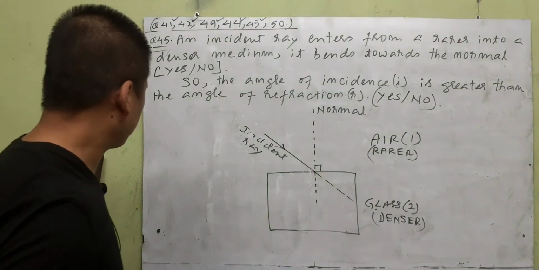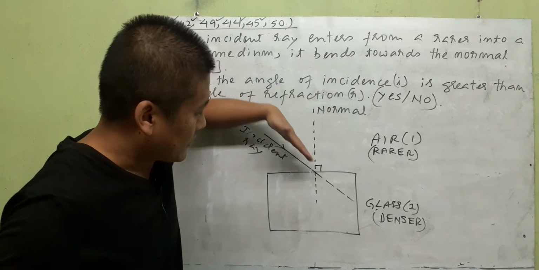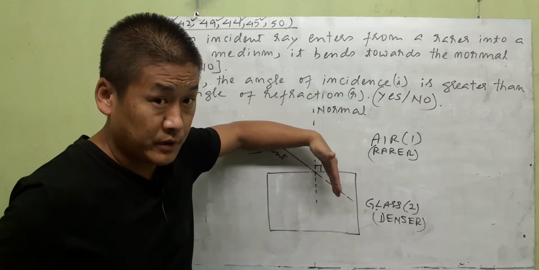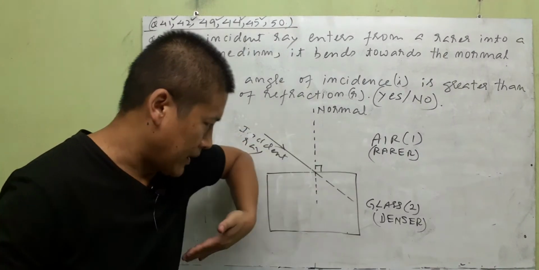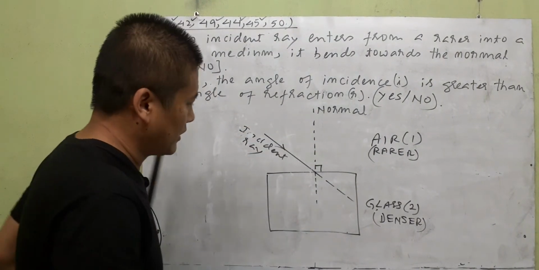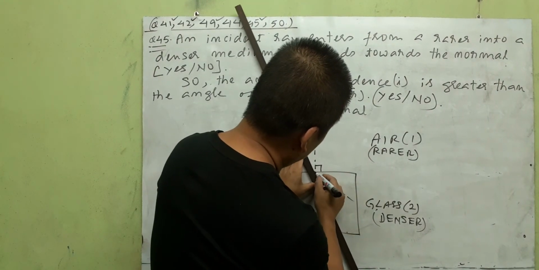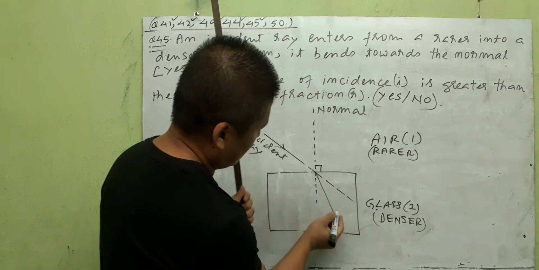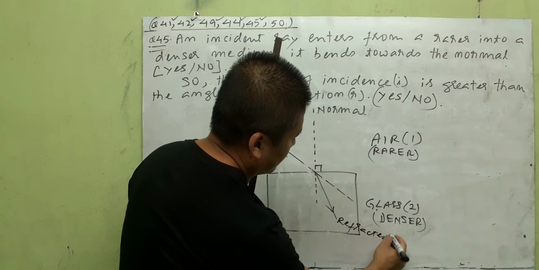But because it is entering from rarer into denser, it is traveling very fast in air, and in glass, which is denser, the speed suddenly decreases. So it will bend, just like a car putting on the brake, towards the normal. Away means on the right side, but towards means on the left side of the straight line. Like this, towards the normal it will bend. So this is the refracted ray.